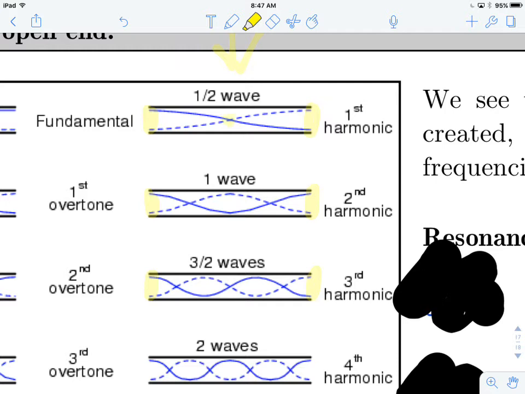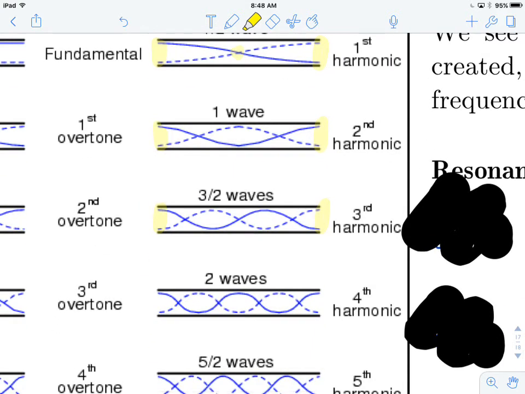We also have one node. This is half of a wave. The second resonant length, which is right here, this is resonant length number 2. This represents our second harmonic and our first overtone. Our second harmonic, which is our second resonant length, has 2 nodes.